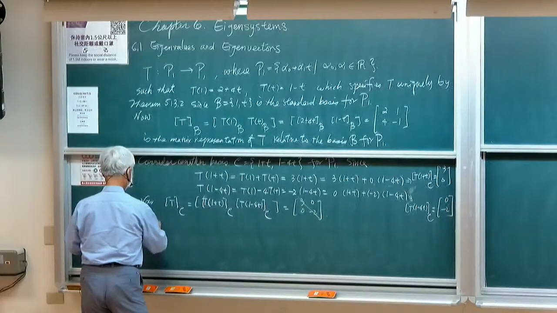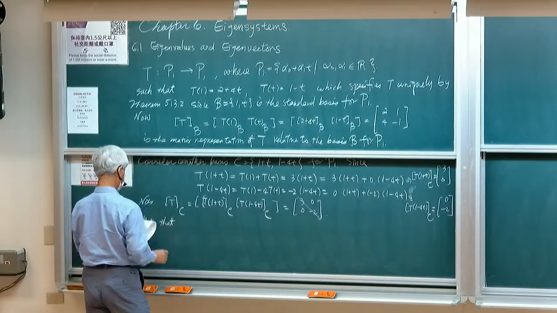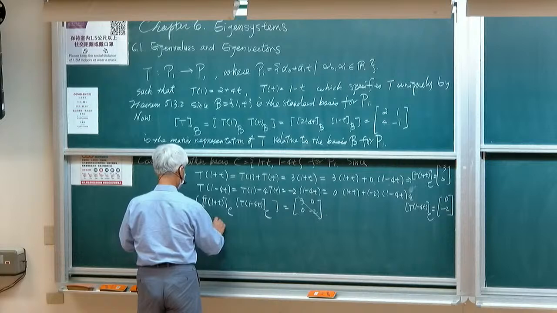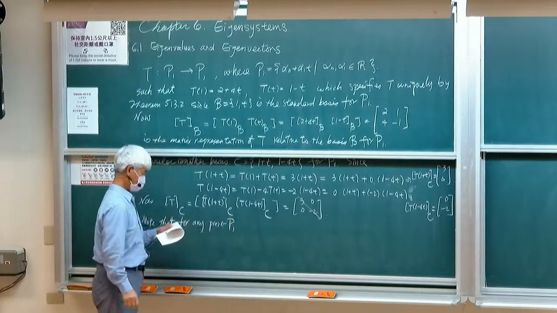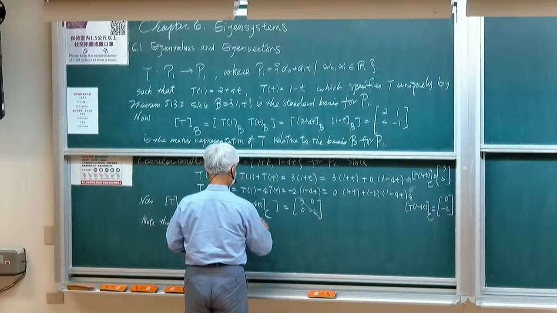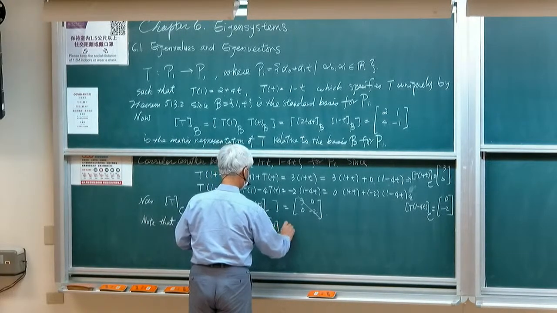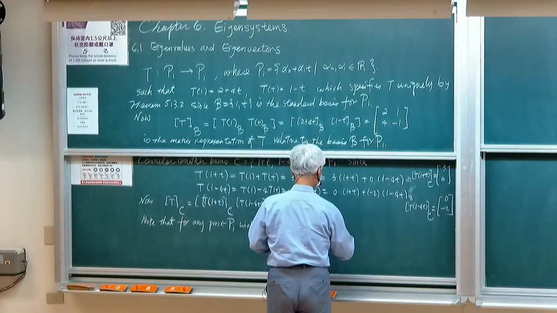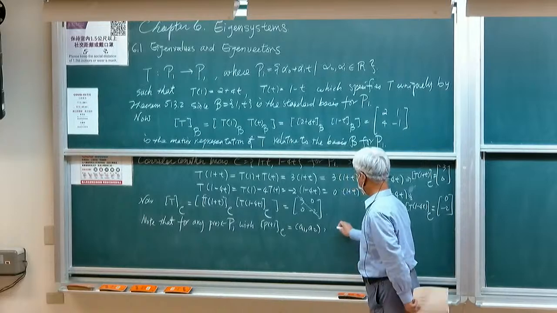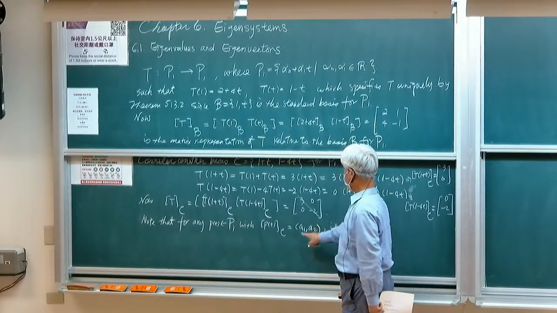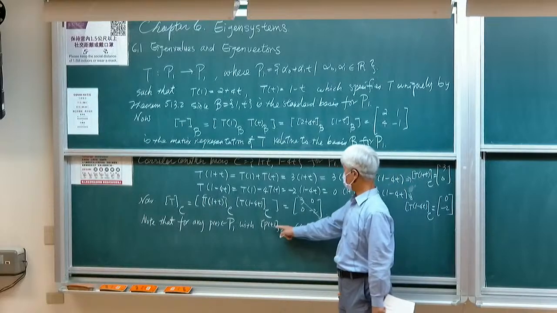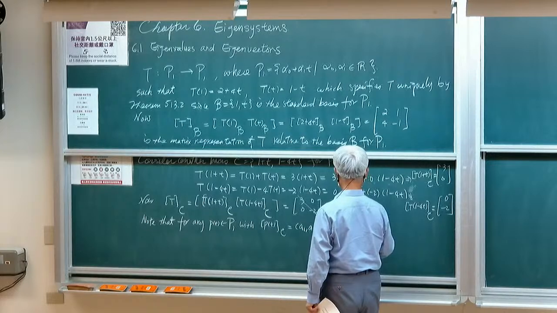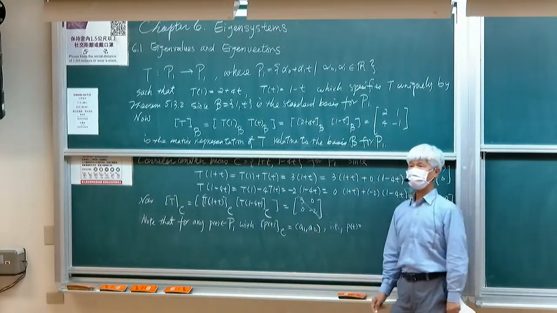Now note that for any polynomial p(t) in P1 with the C coordinate being a1, a2, that means that if we know the C coordinate of p(t) to be a1, a2, we can recover the polynomial by using the coordinate vector.